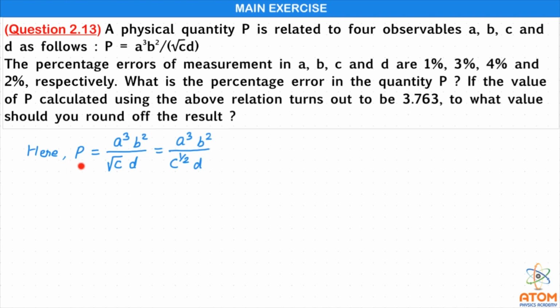Here P is A cube B square upon root C and D. So this root C can be written as C raised to 1 by 2.